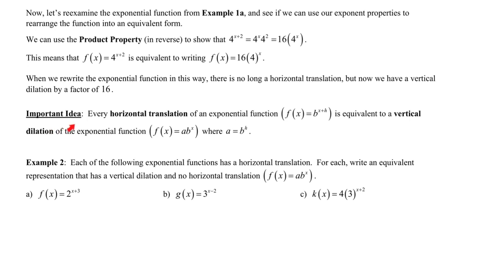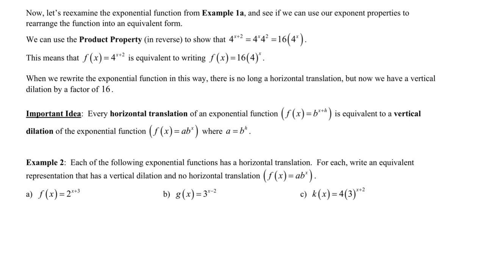So here's an important idea. For every horizontal translation of the exponential function, there is an equivalent vertical dilation that we could write in a different way, okay? So let's see if we can figure this out. Right now, it looks like there is a horizontal translation of -3. But let's rewrite it in the different form.